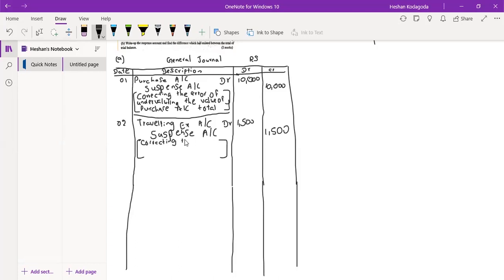Correcting the error of not recording 1,500 in the traveling expense account. Guys, are you okay with this one?